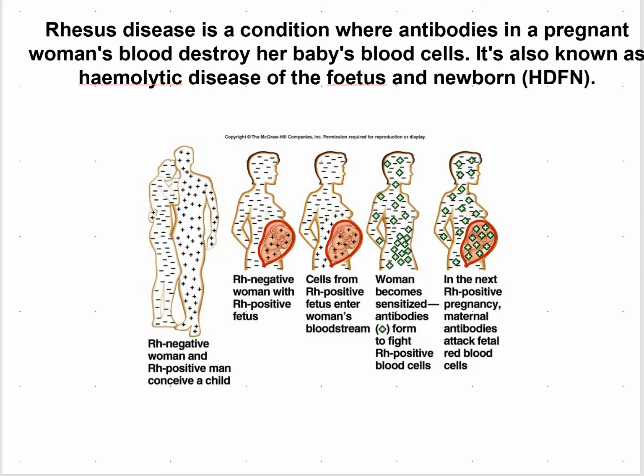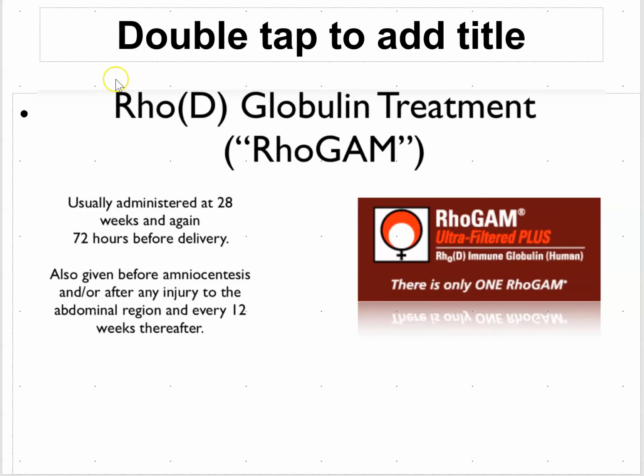So to avoid HDFN, which causes hemolytic disease in the newborn and it causes cyanosis in the newborn and makes the baby born blue, they inject a pregnant woman with RhoGAM.